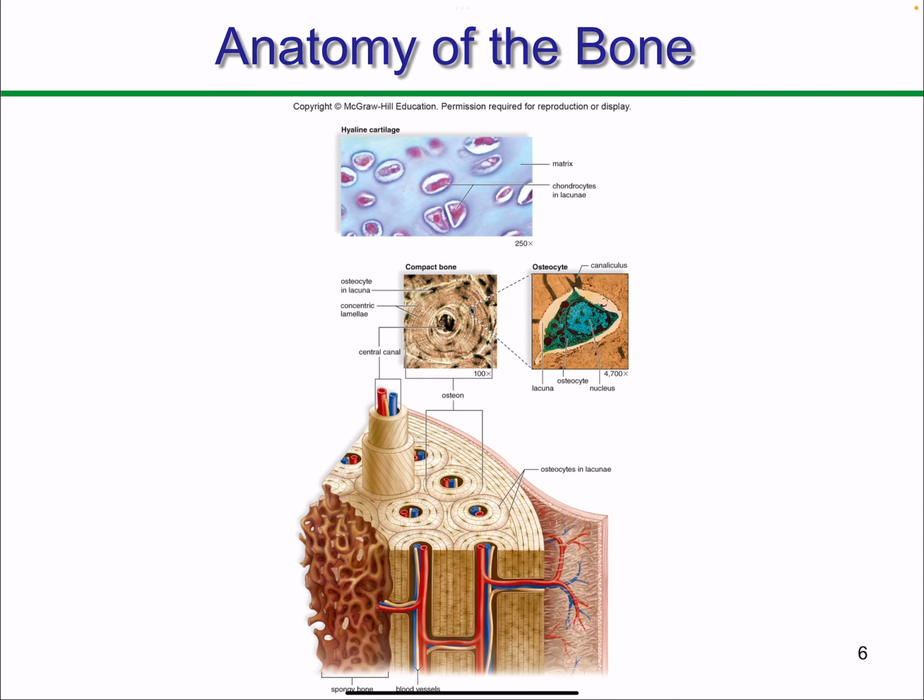All right. So here we do have a structural organization of the bone with an osteon. This is an osteon, or a bone unit, right? You're going to have the central canal right here. The central canal is where you're going to have your blood vessels, right?